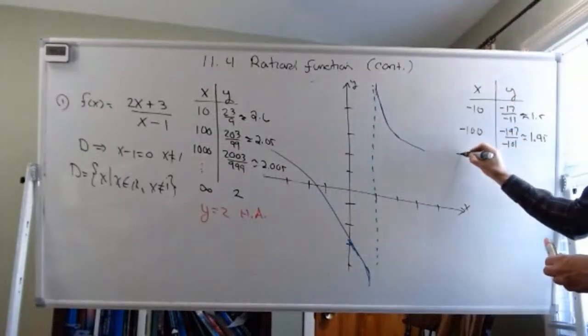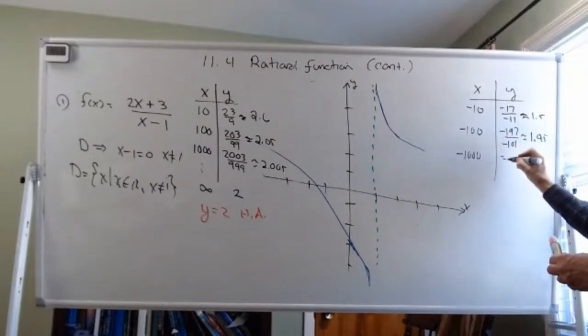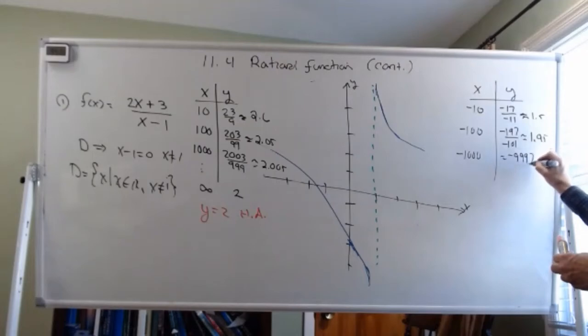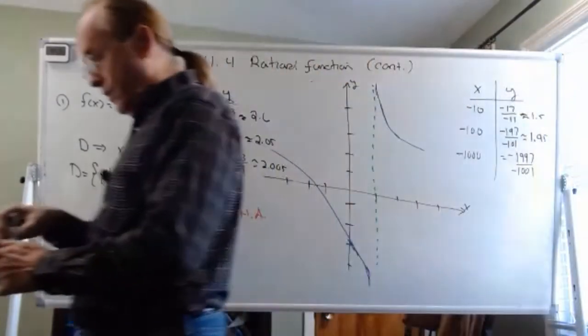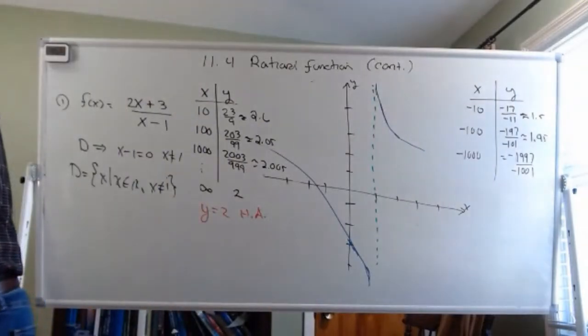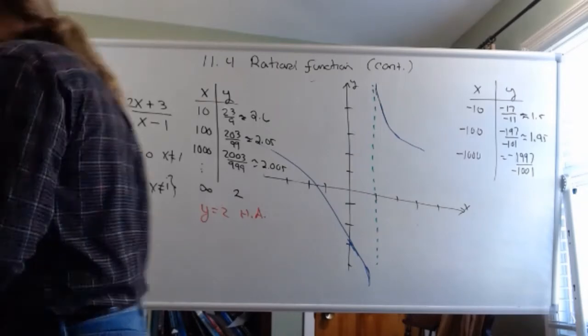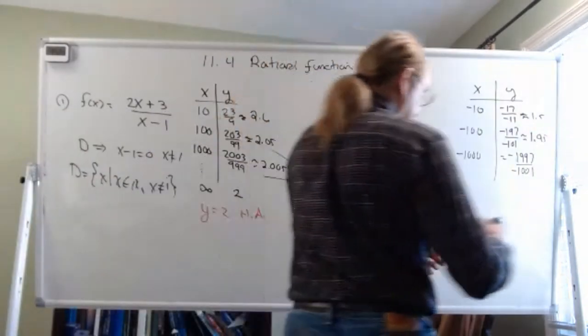Let's go to negative 1,000. I get negative 1,997 over negative 1,001. So 1,997 divided by 1,001, and I get 1.995.